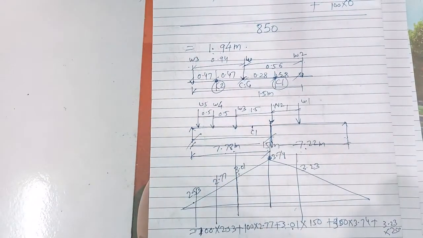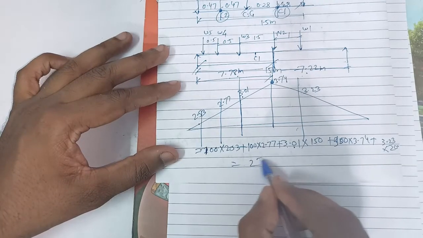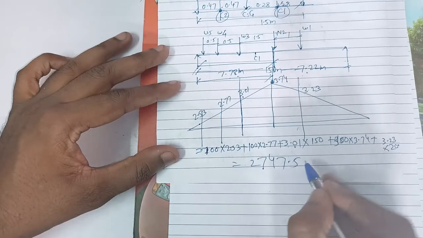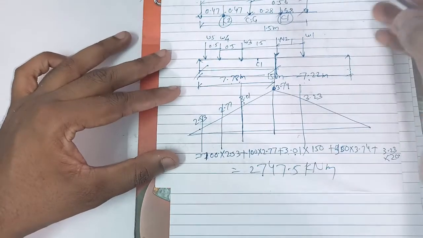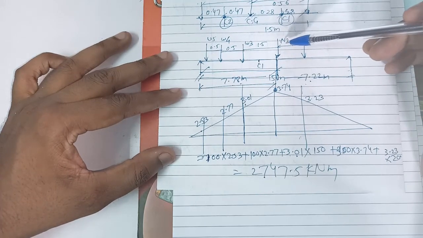So if you multiply this, you will get the final answer as 2747.5 kilonewton meter. Now we have calculated the value for the maximum load of W2.